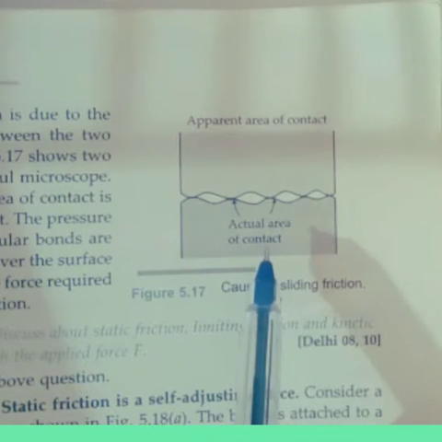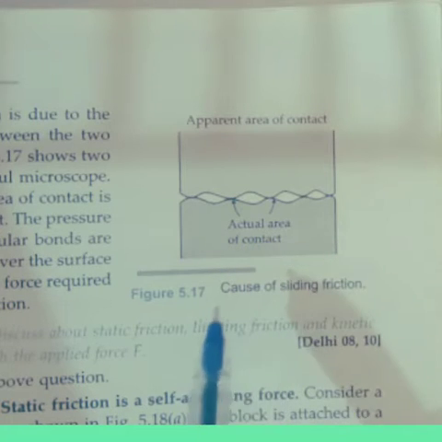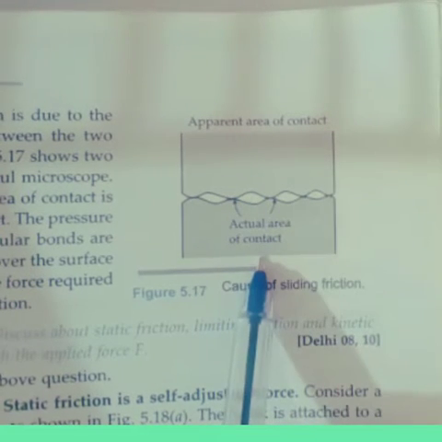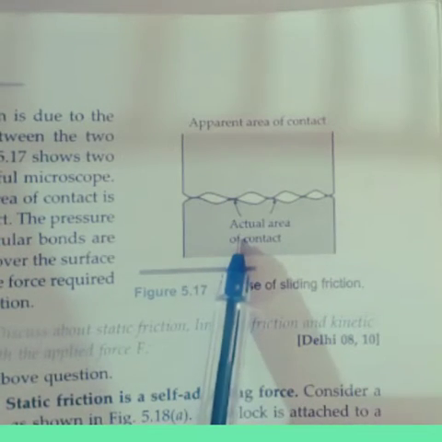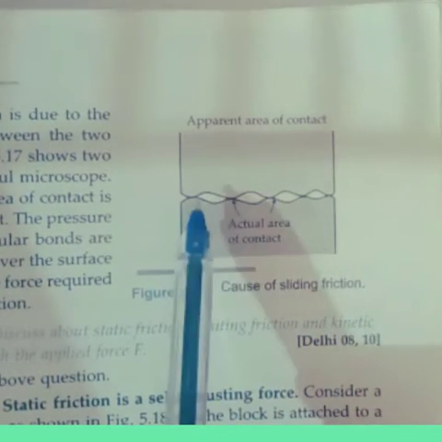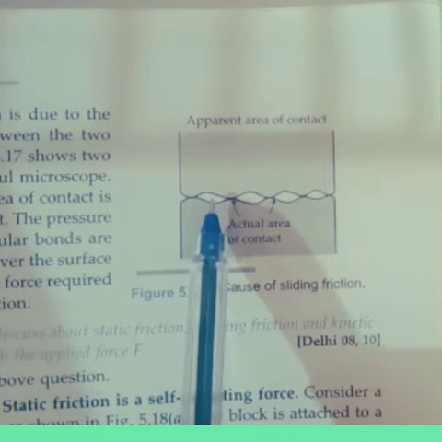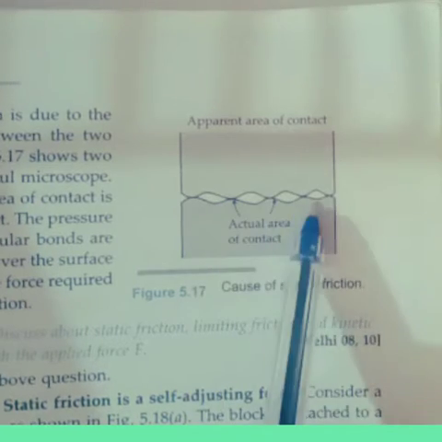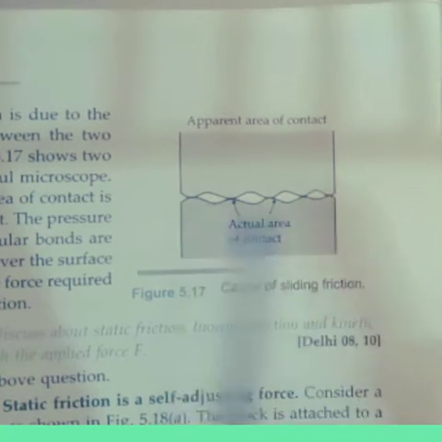Next we have to discuss the causes of friction. A surface which appears smooth to the naked eye is irregular when viewed under a microscope. See this diagram, where two bodies move on one another. Through a microscope we see that there are many irregularities on the surface.